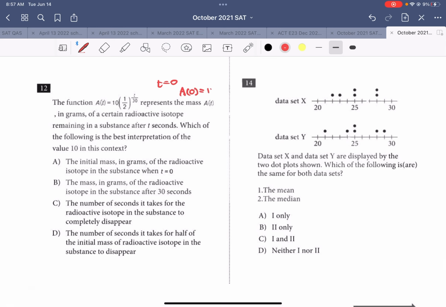A of 0 means 10 times 1/2 to the 0 over 30. 0 over 30 is 0, and 1/2 to the 0 power is 1, so that's 10. That shows that t equals 0 means the initial amount of mass will be 10 grams. So that's what 10 means in the context. That is the initial mass when t equals 0.